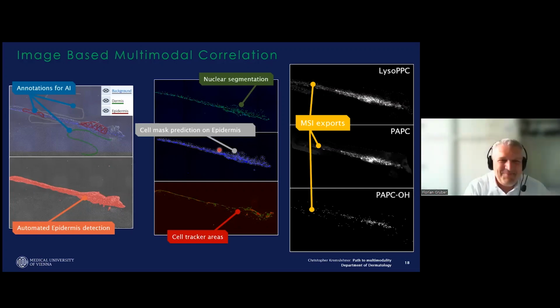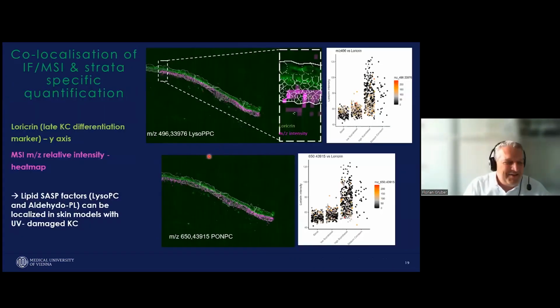Okay, sorry. And so using that, we could then really localize these lipid data within the epidermis, and we could find a position for each nucleus within the strata, and a value for the intensity staining, in this case of, for example, loricrin, to look at differentiation.